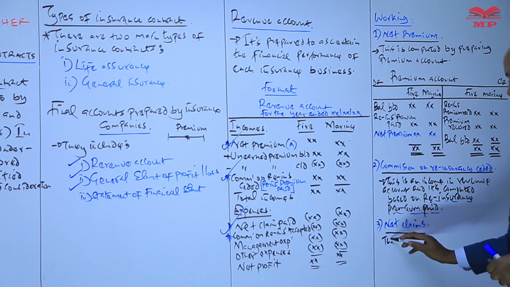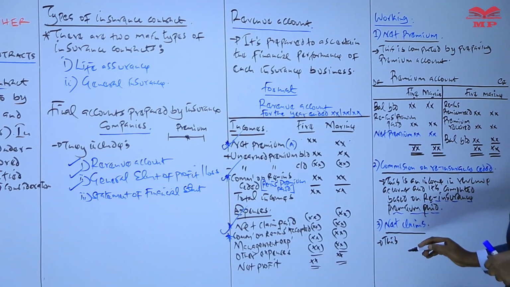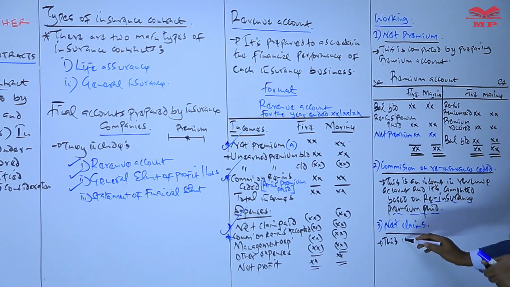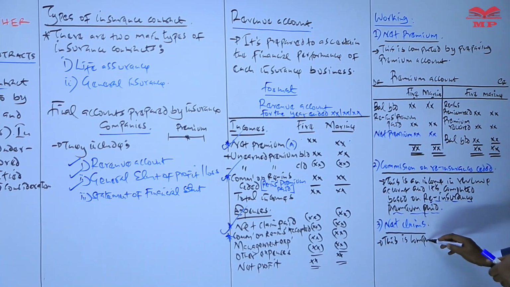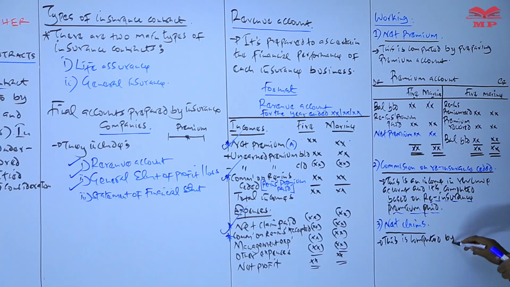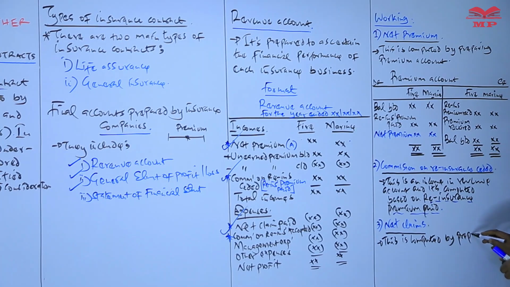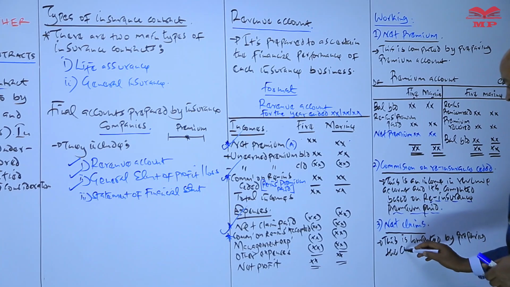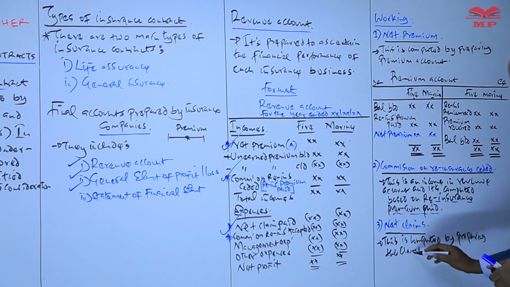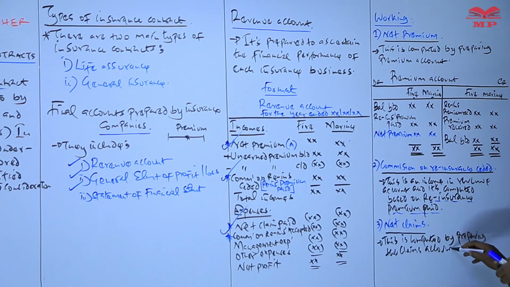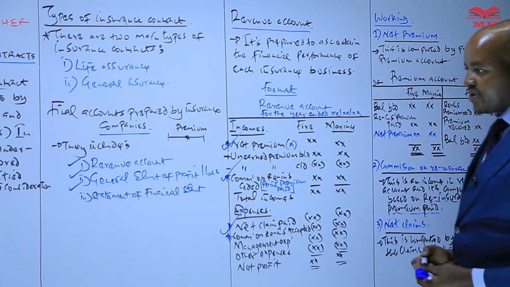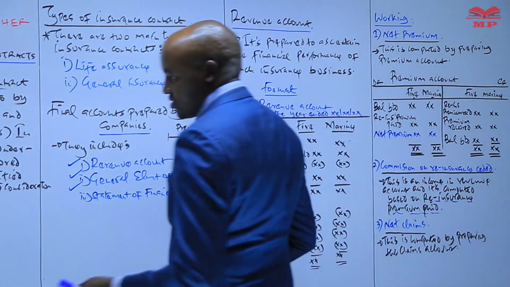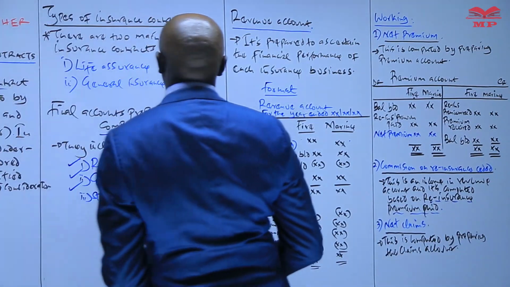This is determined by preparing an account which is called the claims account. So let's see how this account is prepared.